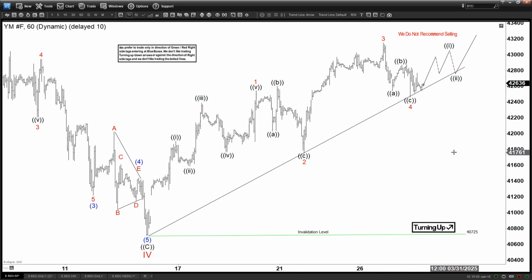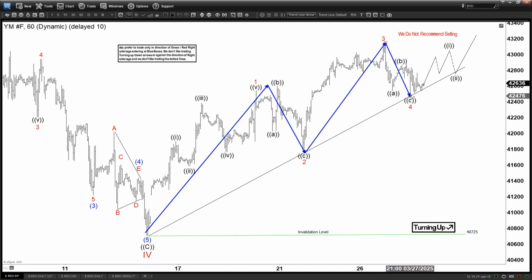Now what I can say is the following: if we can get another leg up above this peak, I think that will give us a little bit more confidence that we can see a bit more upside, because a 5 swing up from the lows typically implies further upside is in store.